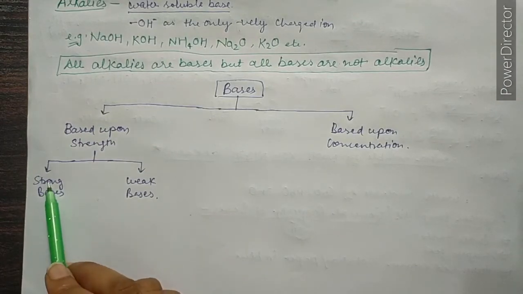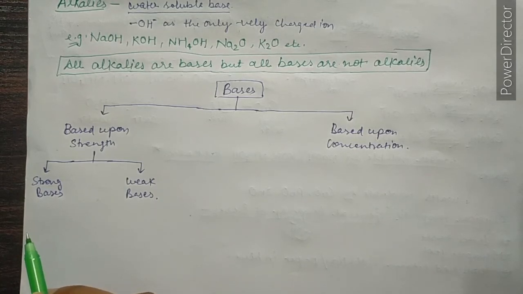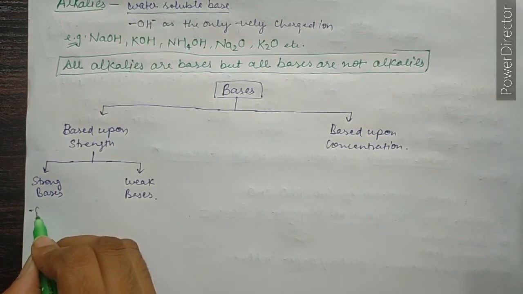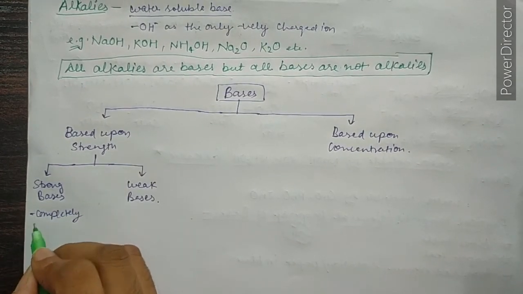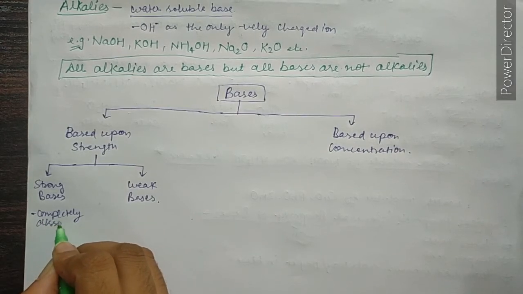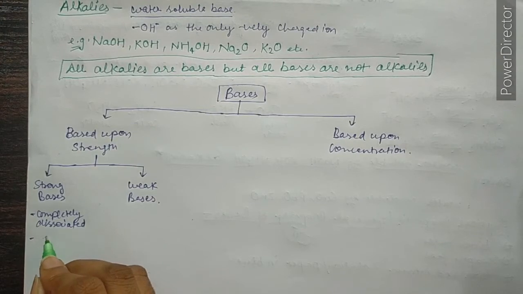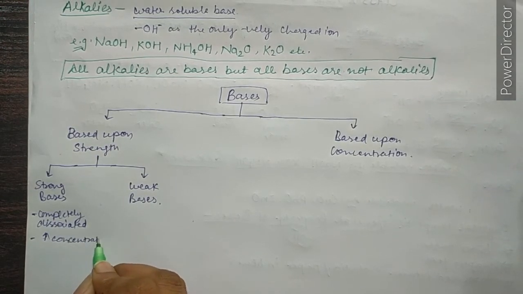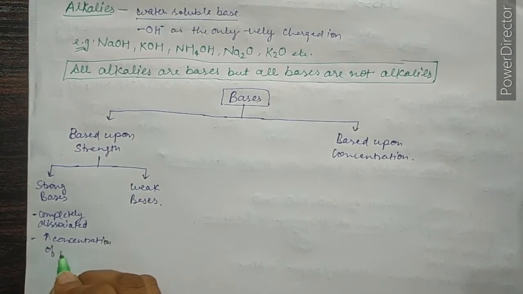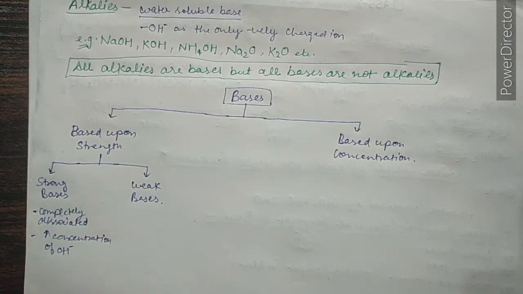Strong bases are those which dissociate almost completely in a moderately concentrated aqueous solution, producing a high concentration of OH negative ion. So these are called strong bases.